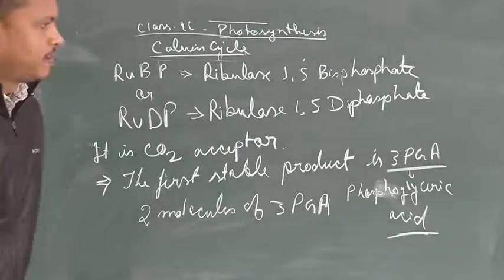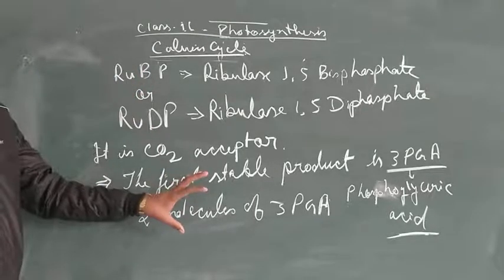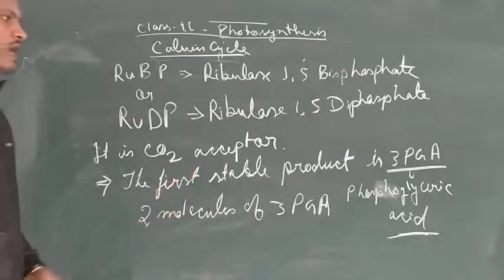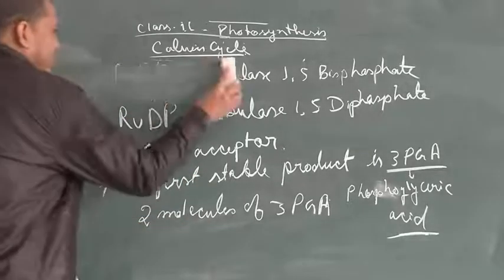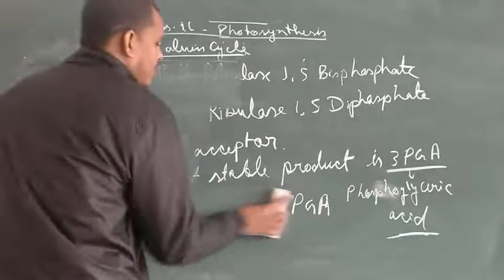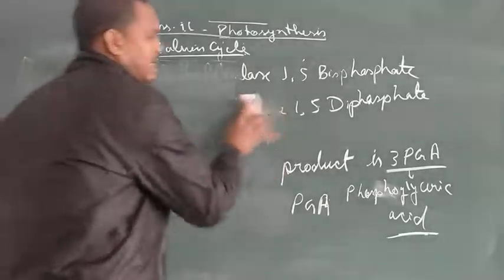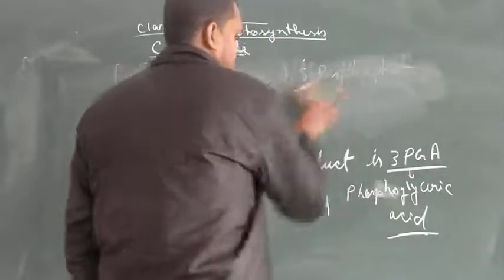Now, what is the acceptor and what is the first stable product? The complete process of the Calvin cycle is differentiated into three stages so that it can be easily understood.